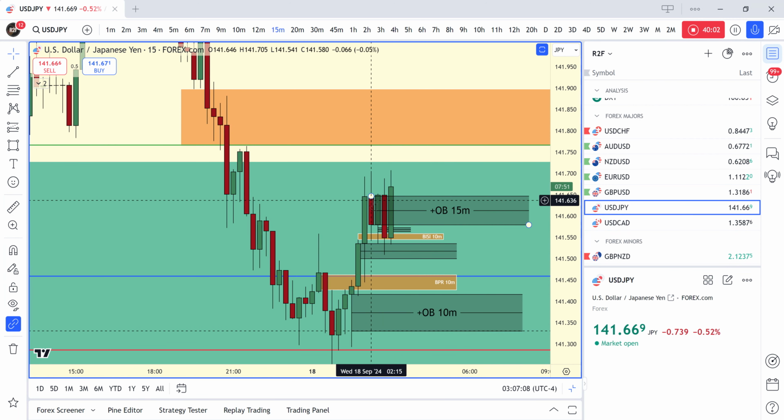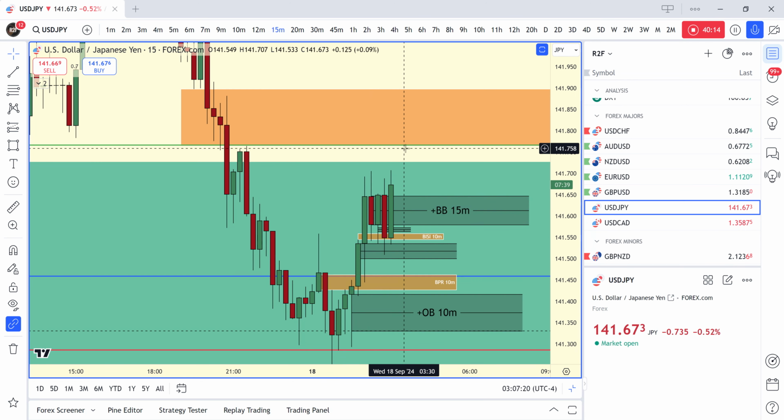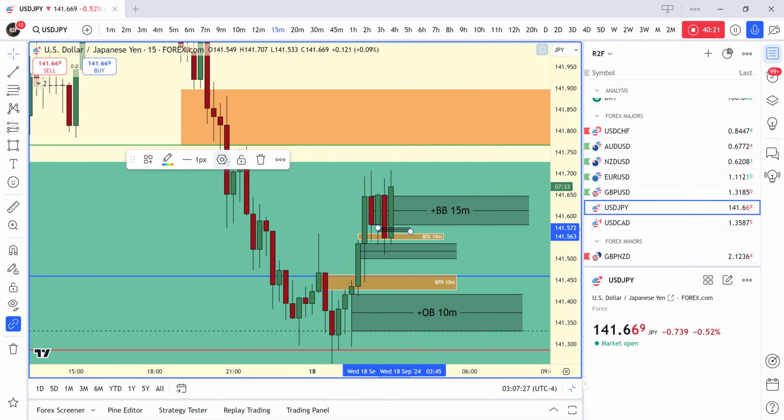Okay. All right. So this is OB 15 minutes. OB plus came down. Now we're up here. So this could be a breaker. So let's see how this closes. If this closes like this is a breaker, I think it will definitely be propelled higher if we can get a close above here. Okay.